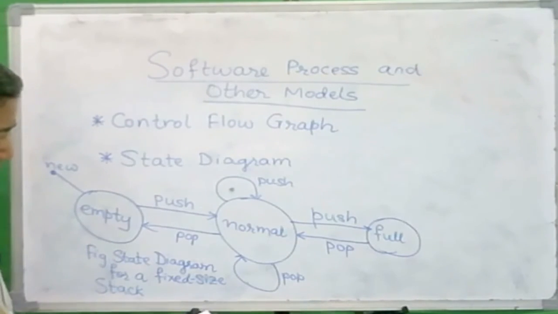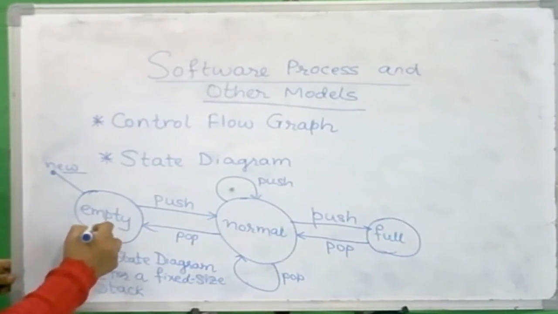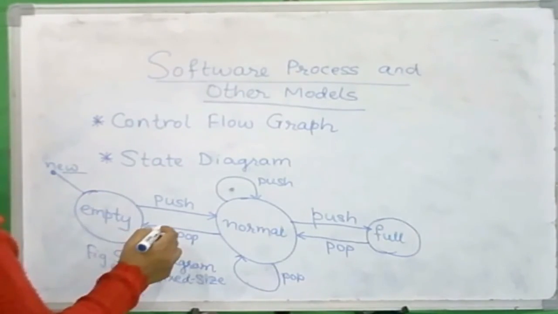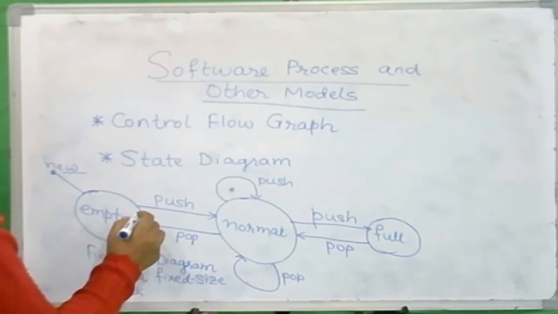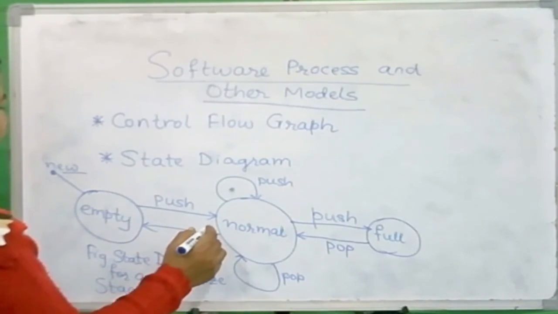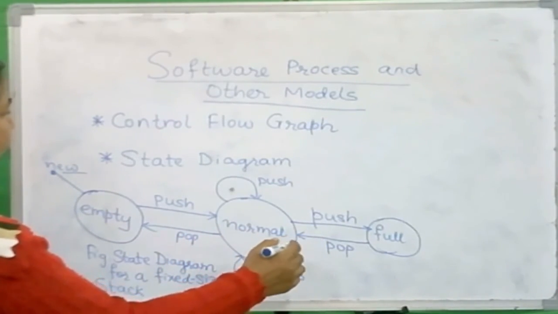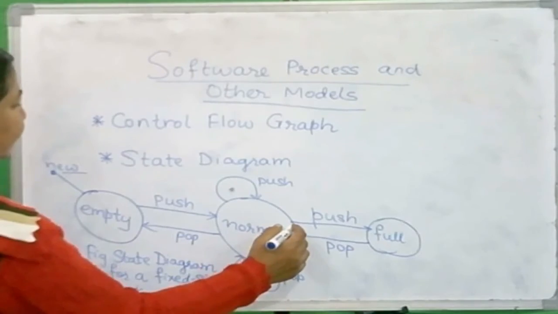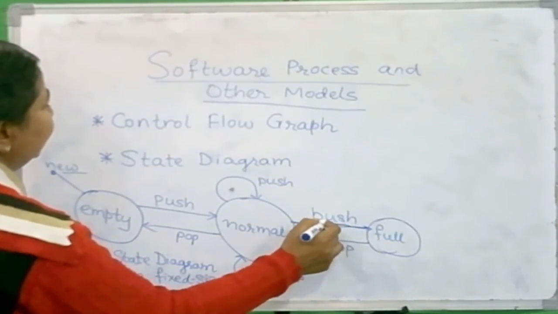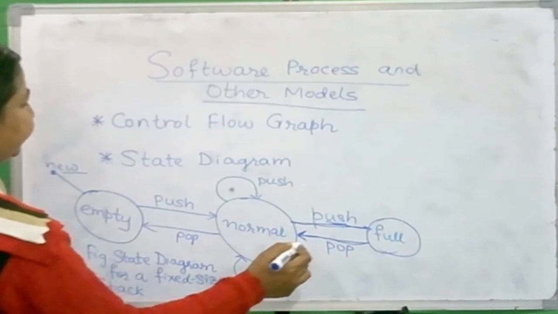So from the state diagram we can observe that first it is new, and it goes to the empty state. The states are shown using circles. Then we have to push the element inside the stack. Then if it is normal, the push condition will be satisfied, and we can also pop the element.